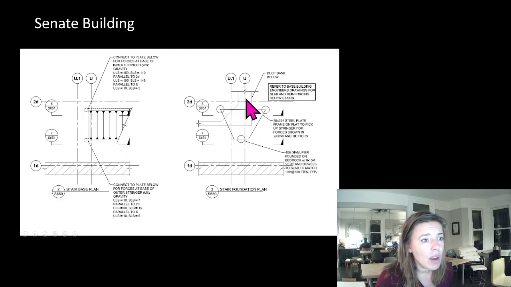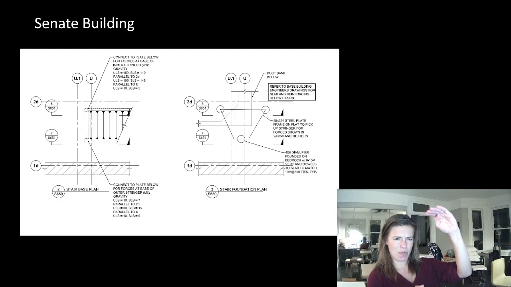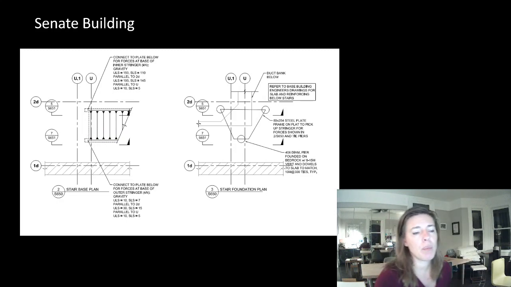So you can see on U just south of 2D. You can see right where my stair wants to come down, there's a duct bank right under our stair. So it was like this, maybe a bit farther, somewhere below our stair. So we couldn't put a foundation there. Even if we could have supported it, it would have crushed the duct bank, and we don't want to do that.